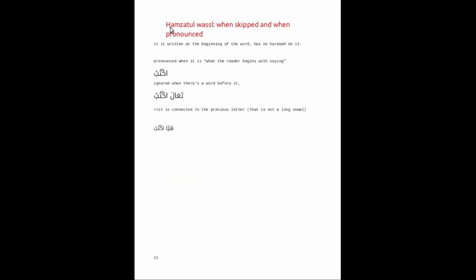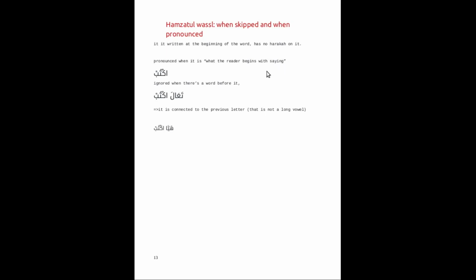There is this letter that we call hamzatul wasl, and it's basically like the alif that you saw earlier. So what is the story behind this hamzatul wasl? It is written at the beginning of the word, and it has no haraka on it. It has no vowel on top, at the bottom, or anywhere else, and it's pronounced when it is what the reader begins with saying.